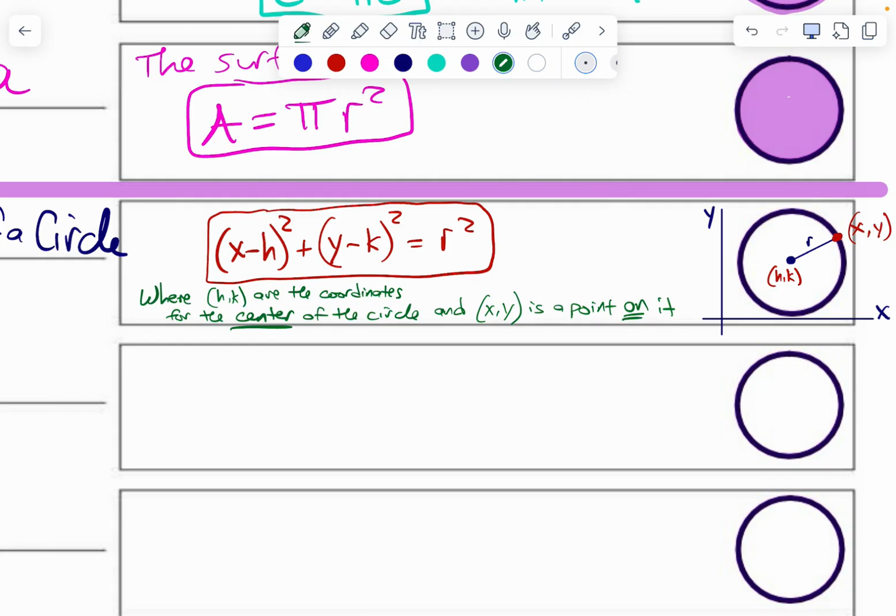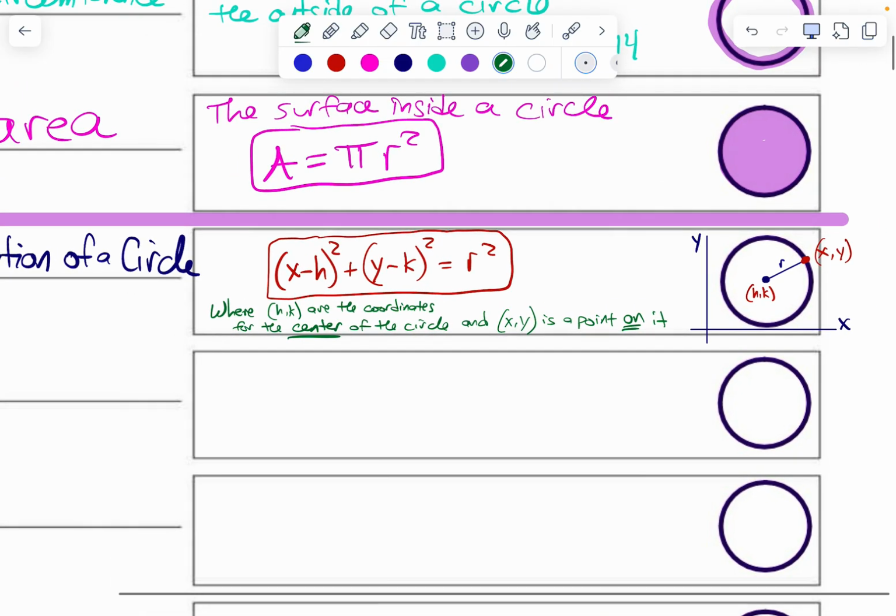And number 3, you'll need to be able to write the equation if I give you either the center or 2 points, or if I show you the graph. You need to be able to write the equation. That's the hardest of the 3 things. It's not that bad. I'm just saying out of those 3, it's the hardest.